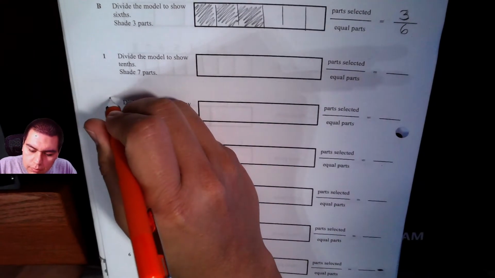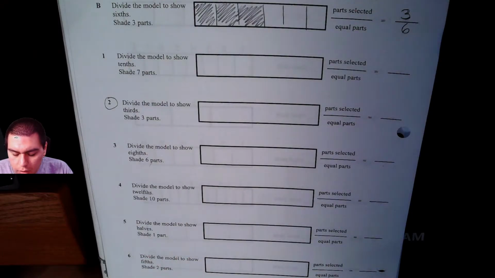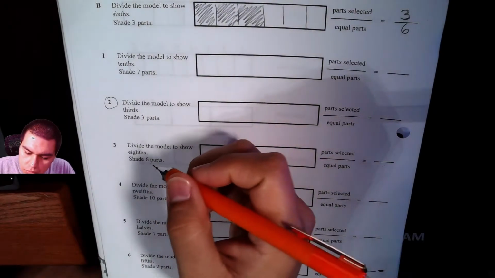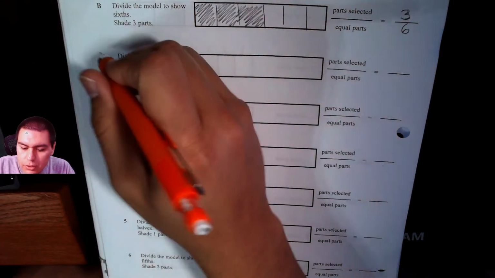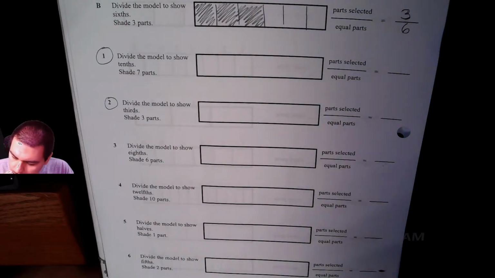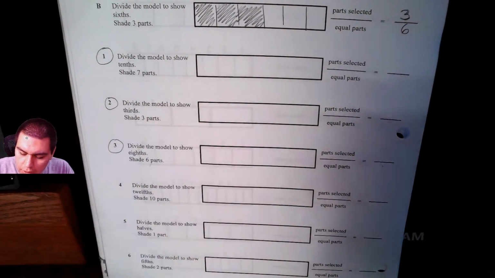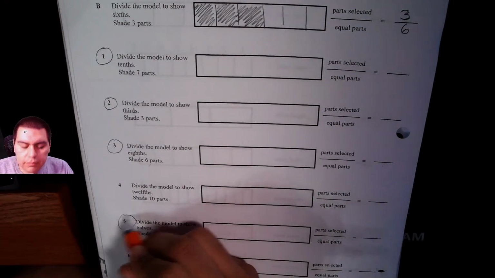Let's do 1, 2... We'll do 1, 2, 3, and 5.